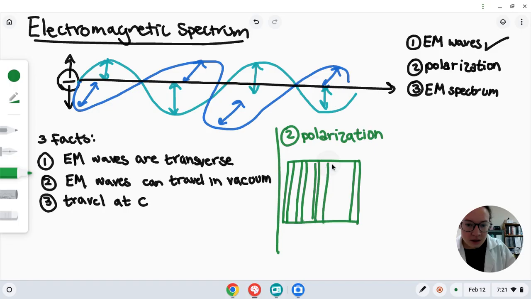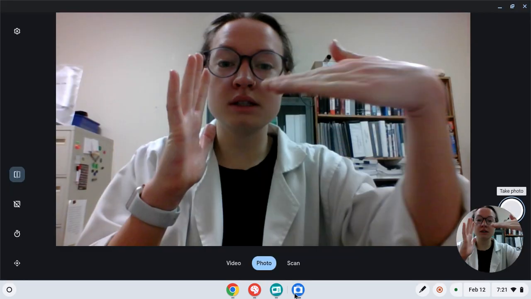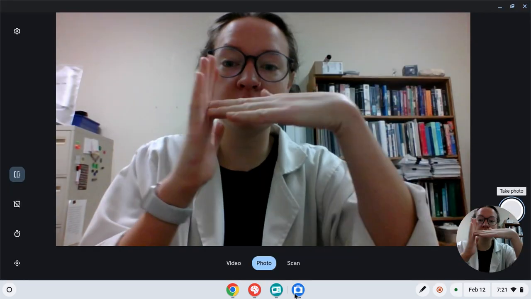Now you could imagine that if you had a horizontally polarized light wave, in other words, a light wave that is horizontally oriented, and it is coming at that gate like this, when it gets to the gate, it won't be able to make it through.